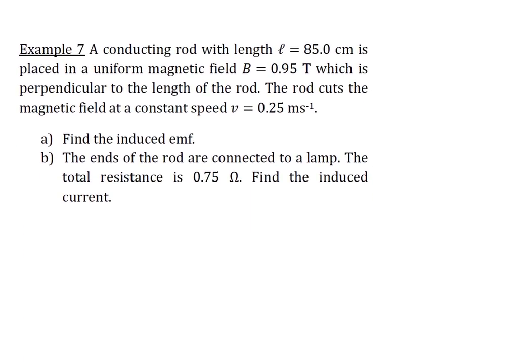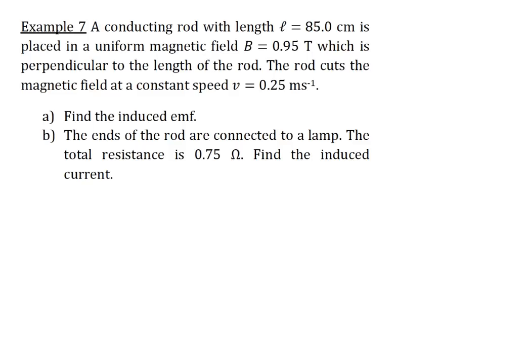So example 7. This example is about the motional EMF. You consider a conducting rod with the length L, and it is placed in a uniform magnetic field B. I draw some magnetic field here.